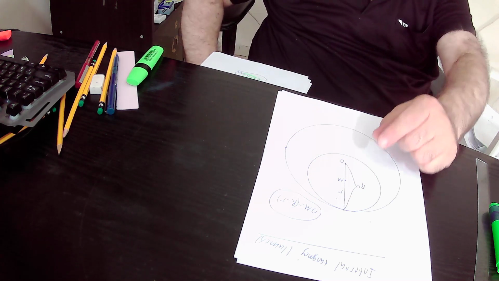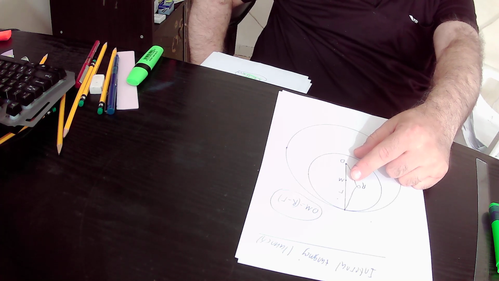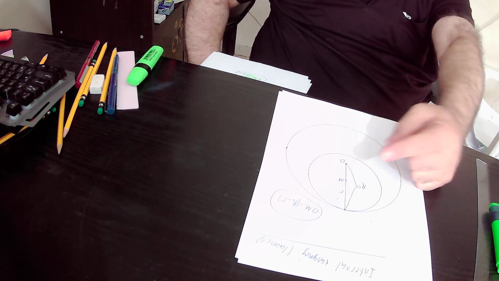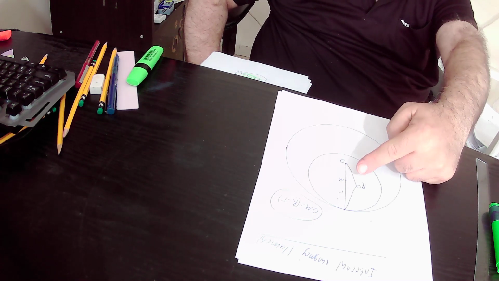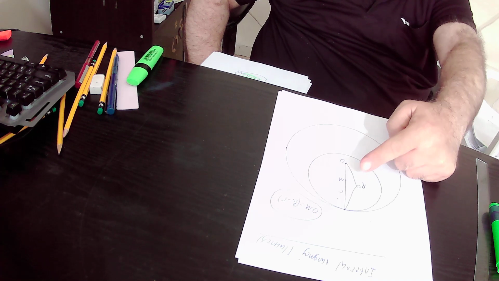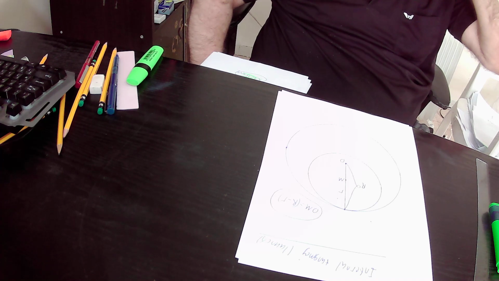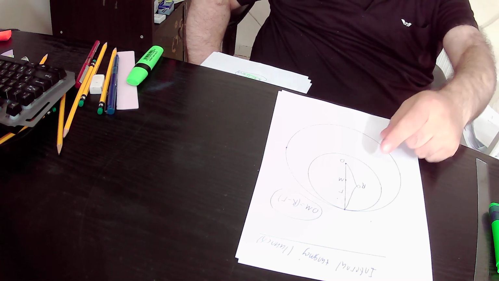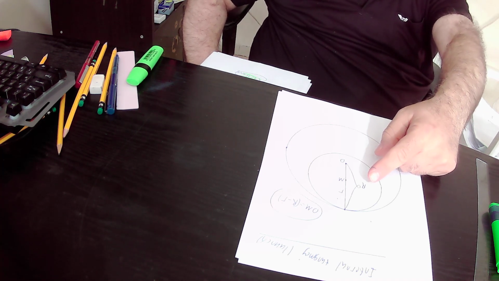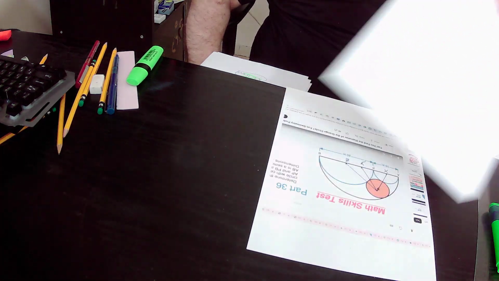Then the distance between their centers, that is to say, the length of line segment MO, we know that the center of the big circle is point O, the center of the small circle is point M. Therefore, the distance between the centers, MO, will be equal to the difference between the lengths of the radii. That is to say, OM will be equal to capital R minus small r. Okay?